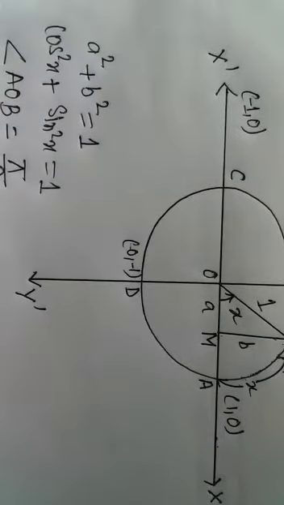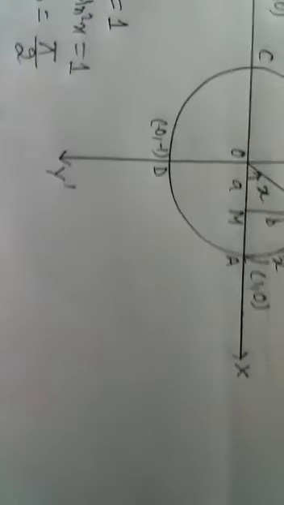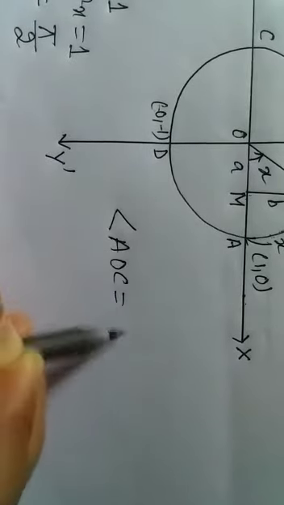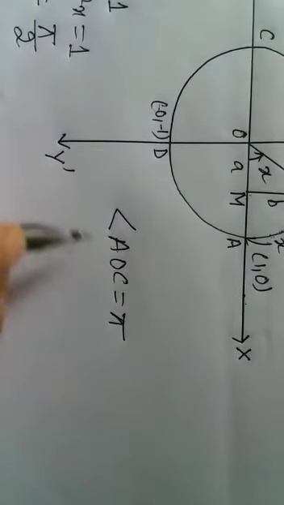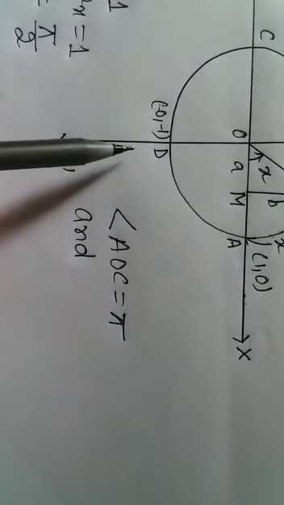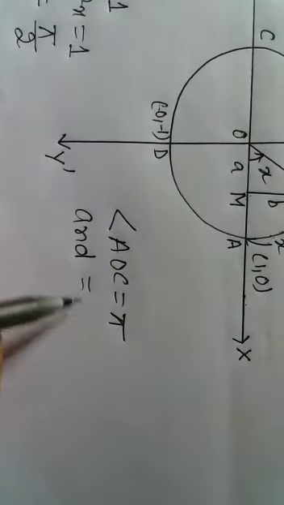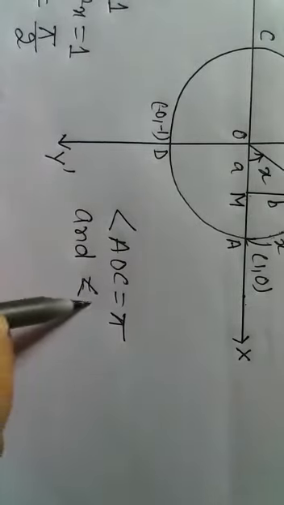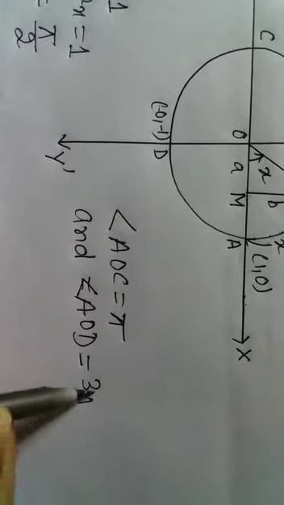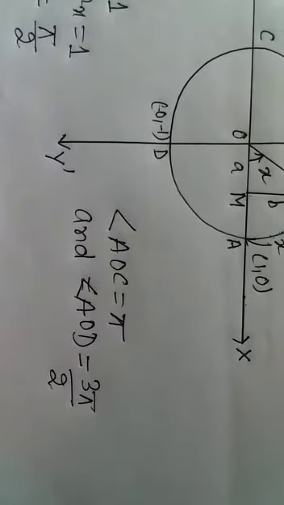By seeing the figure, you can say angle AOC is equal to pi and angle AOD is equal to 3 pi by 2.